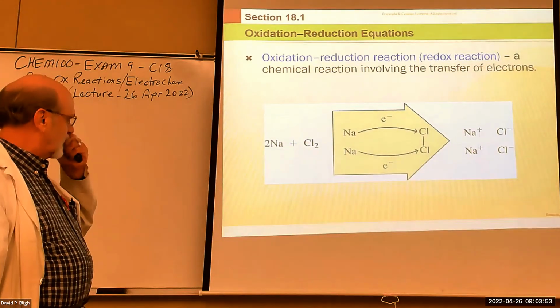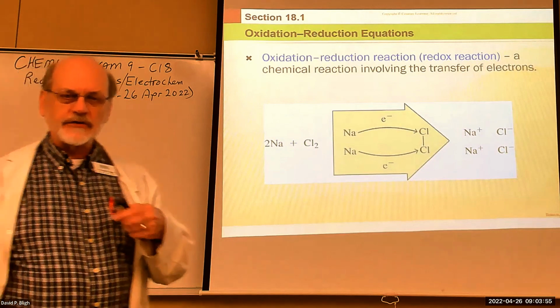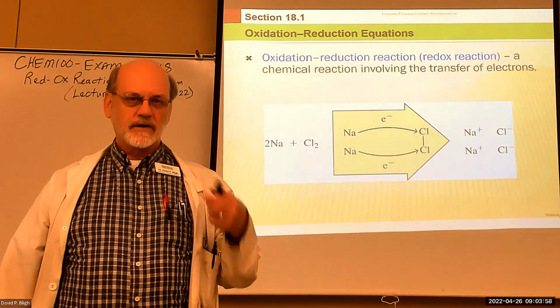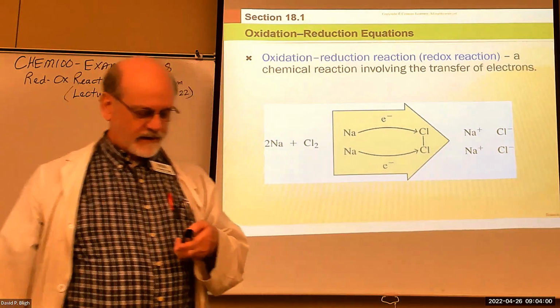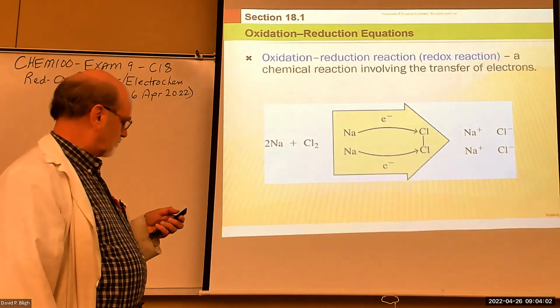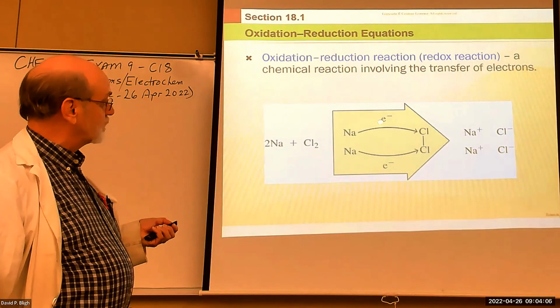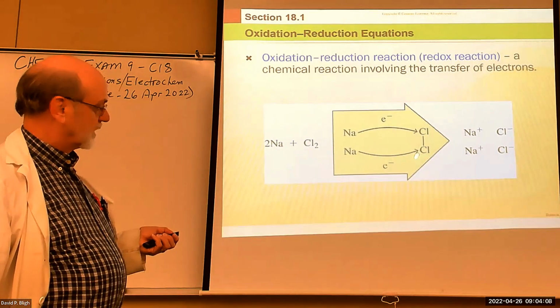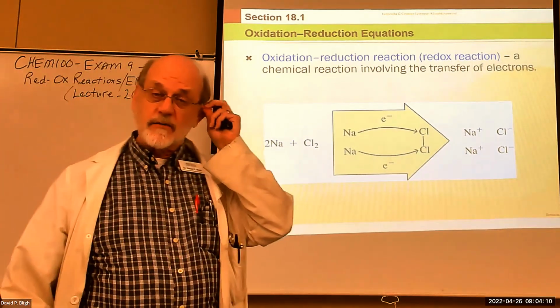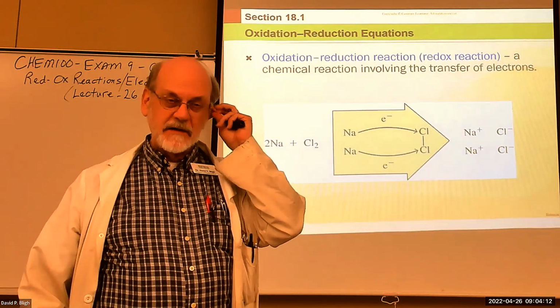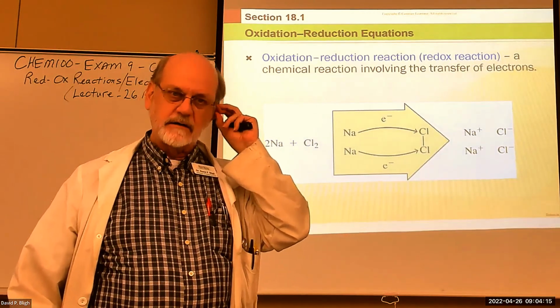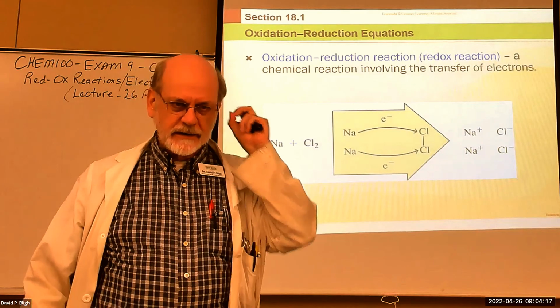This example is just showing the reaction of sodium metal with chlorine gas. And you'll see that we're transferring electrons from the metal to the non-metal. And that's typically the way it goes. When you have a metal and a non-metal reacting, the transfer is from the metal to the non-metal.